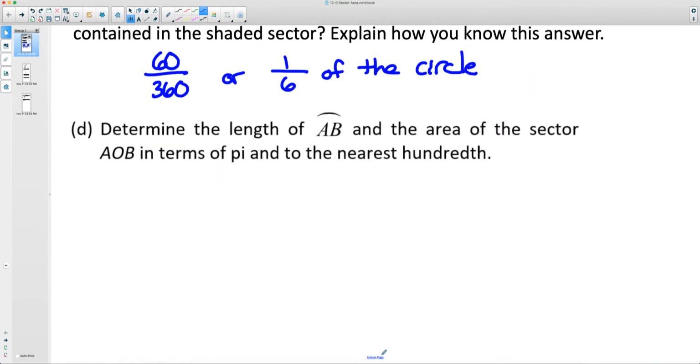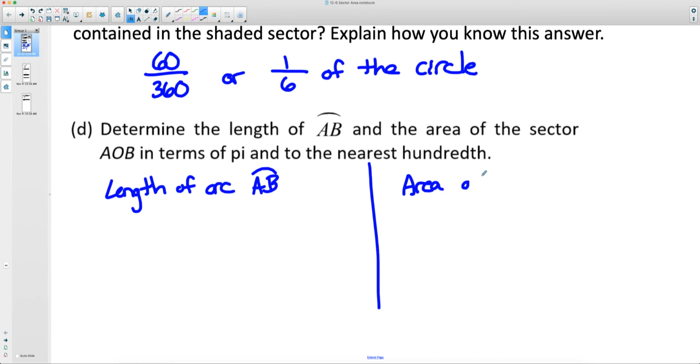It says determine the length of arc AB and the area of the sector AOB in terms of pi and to the nearest tenth. Okay, so let's do the length of arc AB, and then we'll do the area of the sector. Remember, it's 1/6, a sixth of the entire thing.